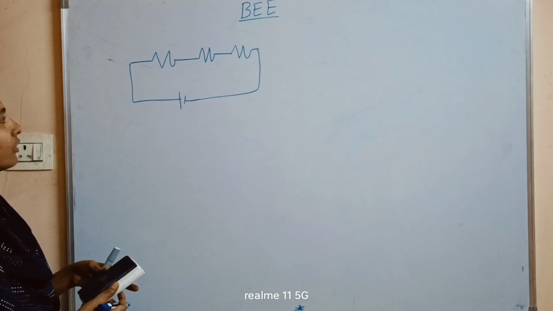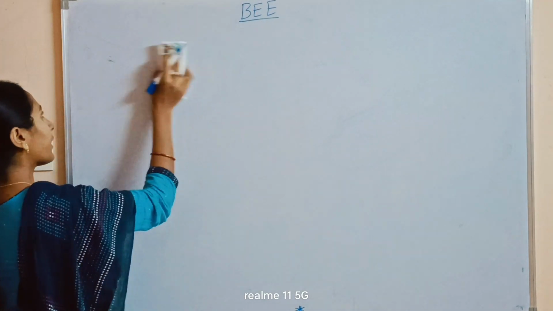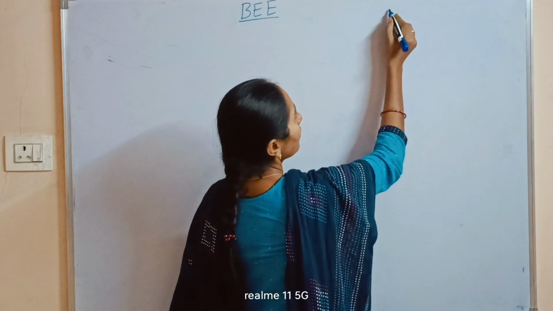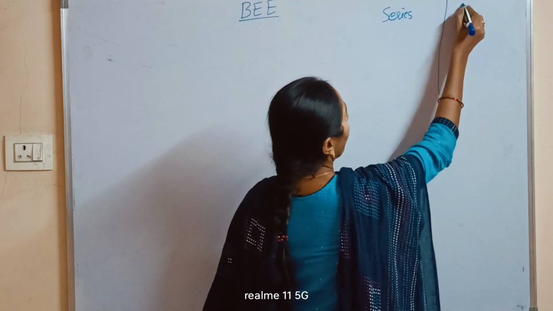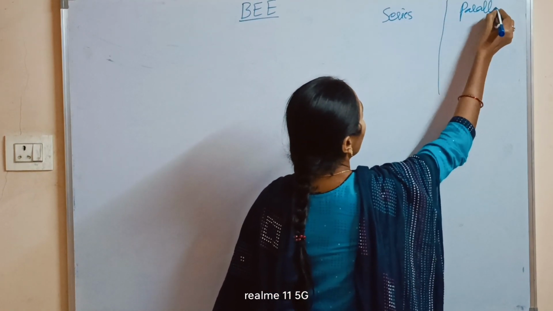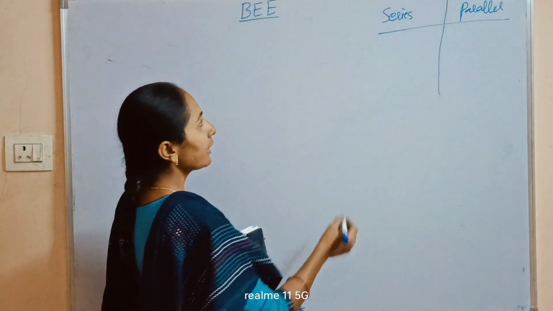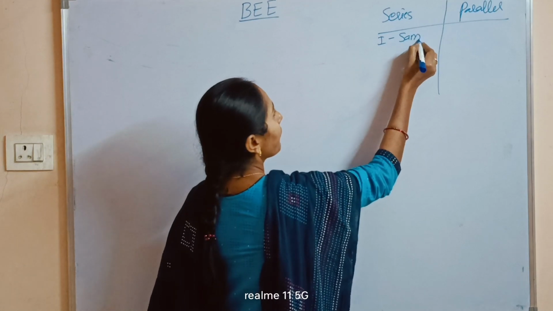Previously, in series connection, current must be the same. So these are the basic key points related to series and parallel. In series connection, I is the same.